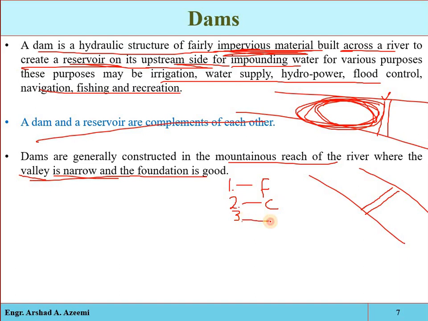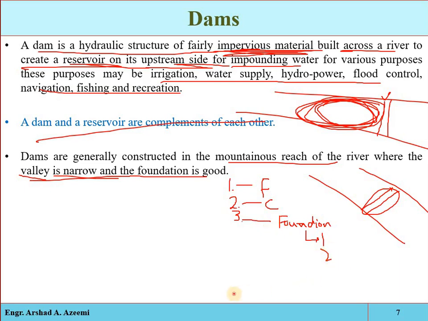Third and most important, that is the foundation. Where you are constructing the dam, what is the condition of the foundation, meaning the bed condition of the river where you are constructing the structure. So again there are three requirements for the foundation. First, the foundation will be strong, meaning there will be no chances of settlement. Second, there will be no shearing failure.